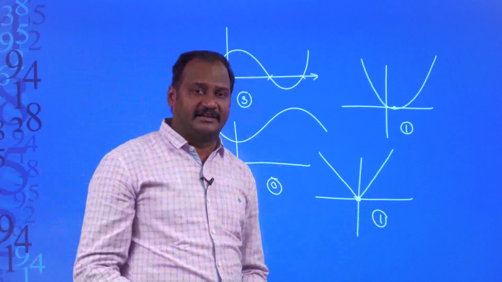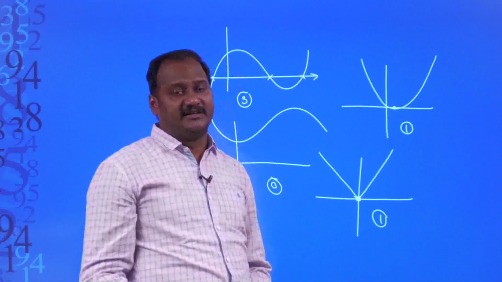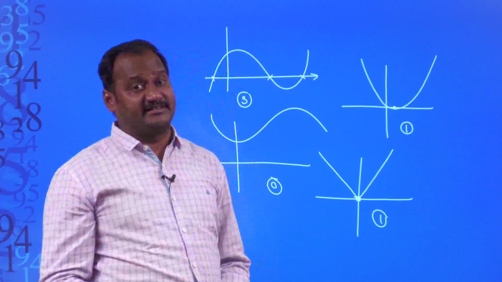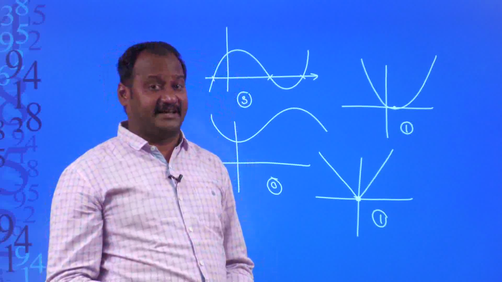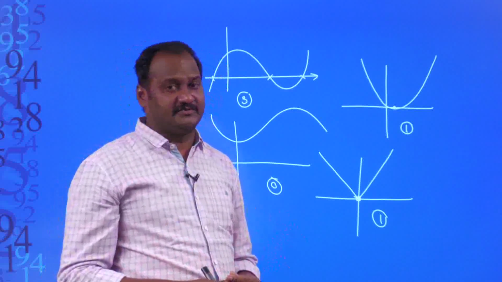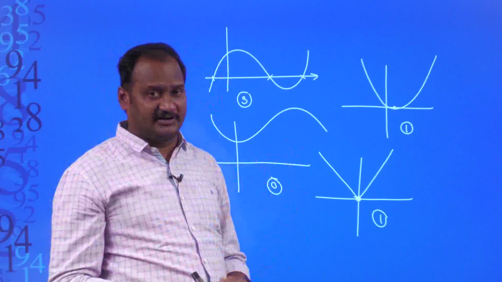So when you are given a graph and to identify the zeros of the polynomial, just look on x-axis and at how many points the given curve intersects x-axis. Those points are said to be zeros of the given polynomial. Okay, this is about the graphical representation of polynomials.